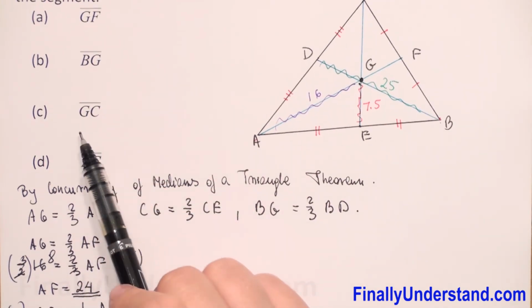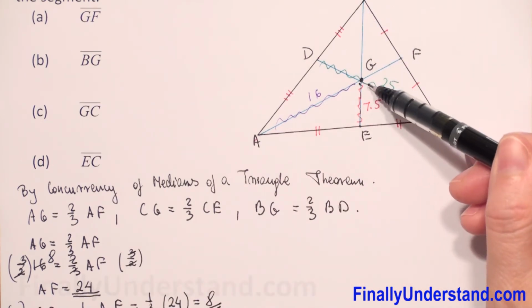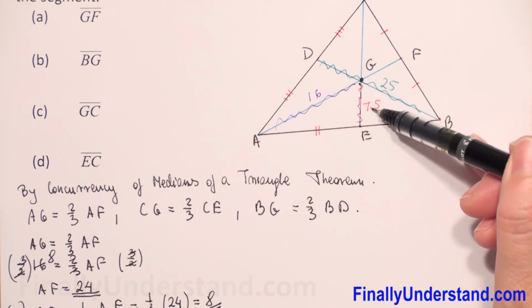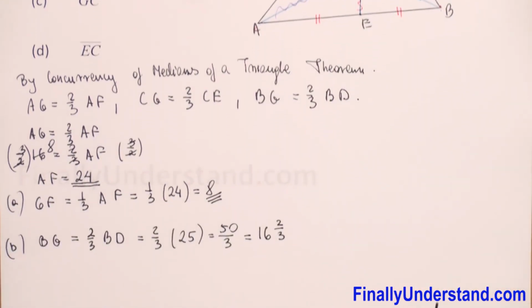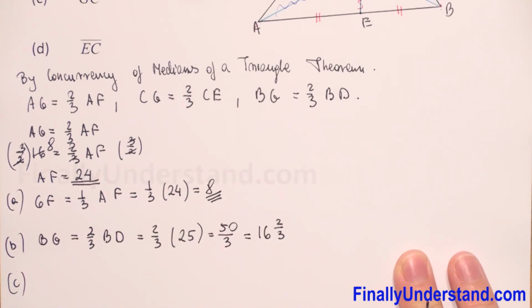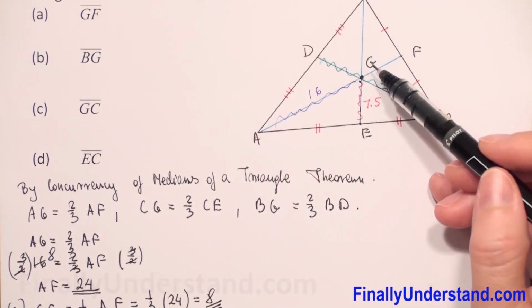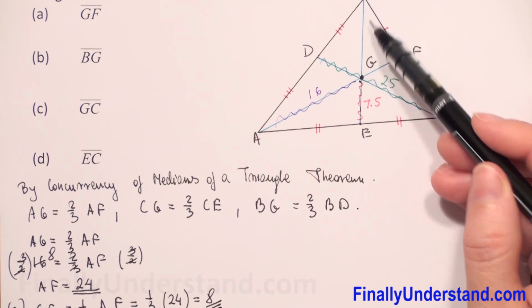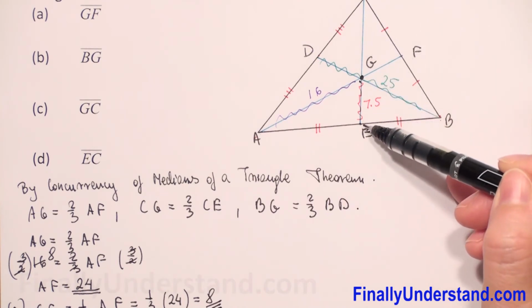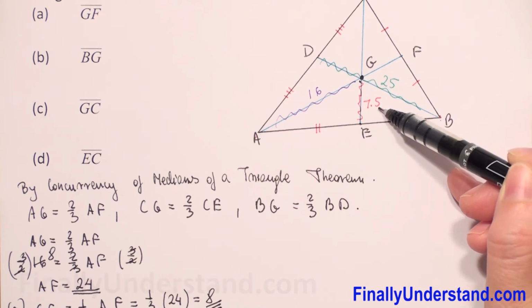Now we have to find GC. GC segment, and we have given that GE or EG is equal 7.5. So let me write that. We have to find GC, and we have given that EG is equal 7.5.